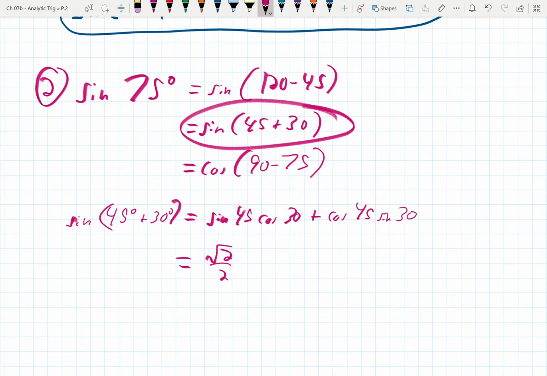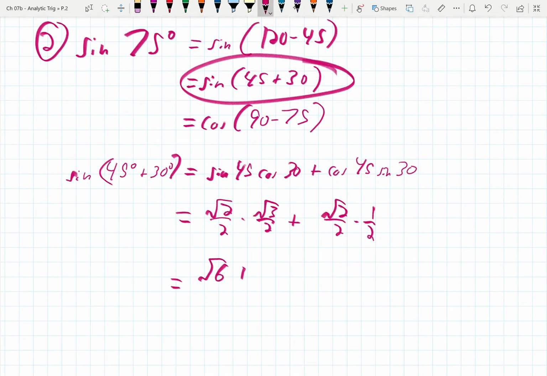Even if you mess up which one's the cosine of 30 and which one's the sine of 30, it's not going to matter here because it's plus. It would just be either order. And you know the cosine of 45 is the same regardless. But root 3 over 2 plus root 2 over 2 times a half. And lo and behold, you get the same root 6 plus root 2 over 4. It feels like we're going to be seeing that one a lot.